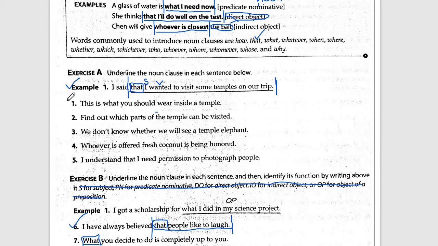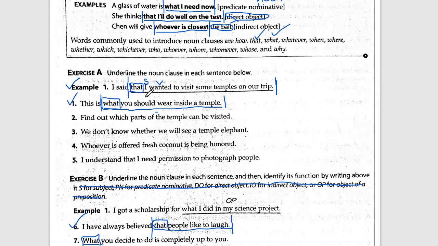For number 1, so let's do this one. For number 1, my indicator word is what, and that comes directly from this list. This is something. What is it specifically? This is what you should wear inside a temple.